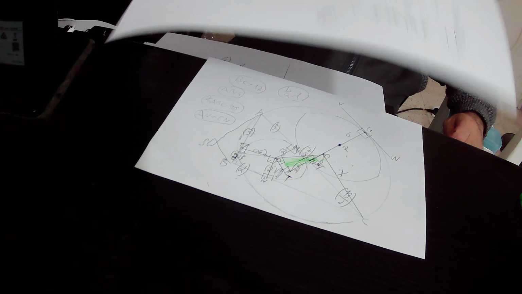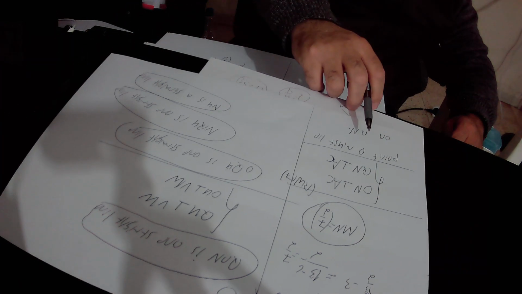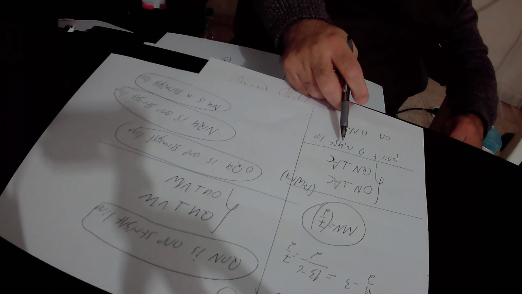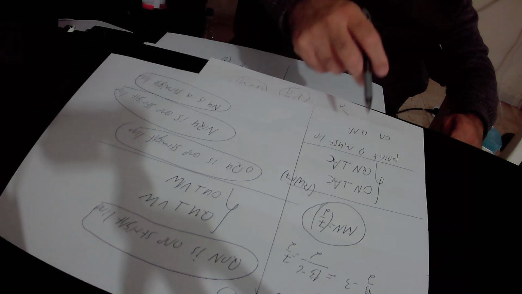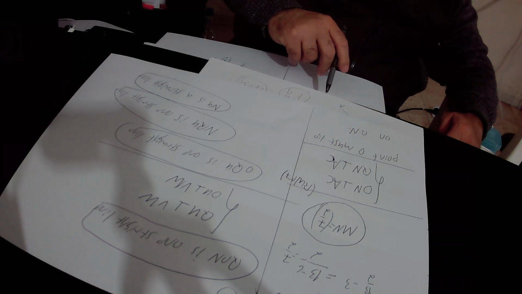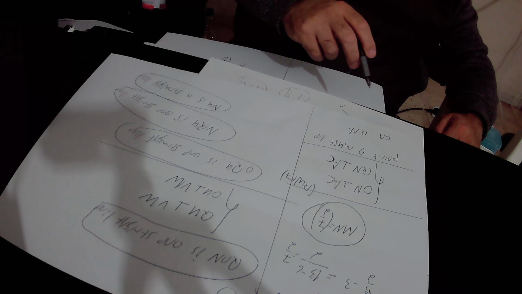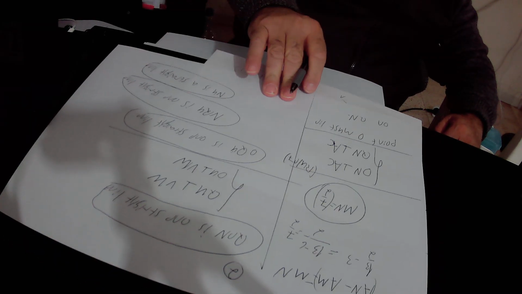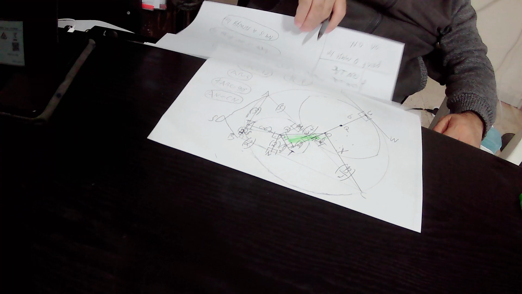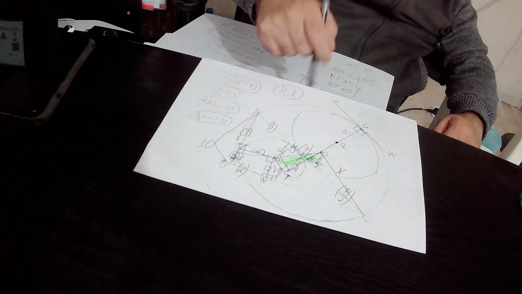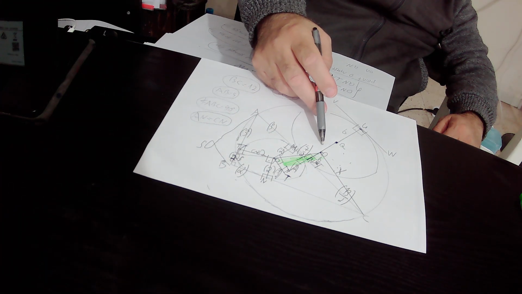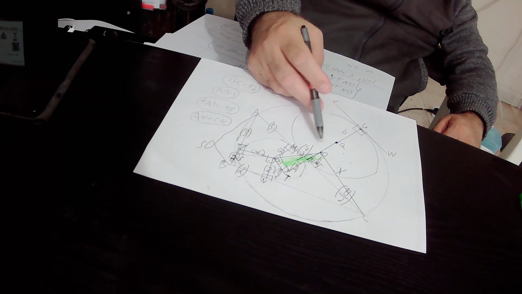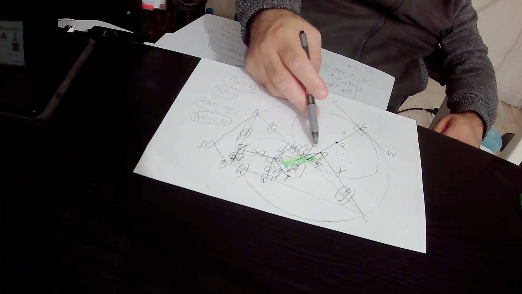So we write here that QN is perpendicular to AC, and we found that ON is also perpendicular to AC. From those two facts, we derive that point O must lie on QN. This is point O, and it must lie on the radius QN.